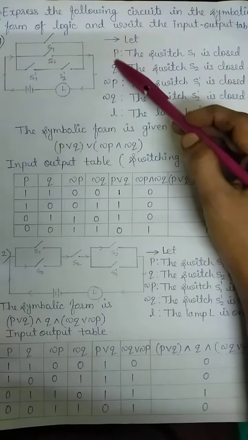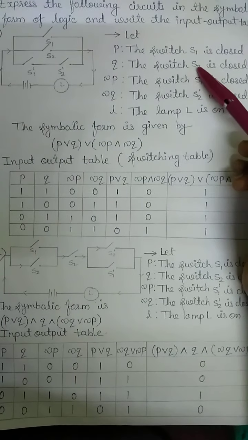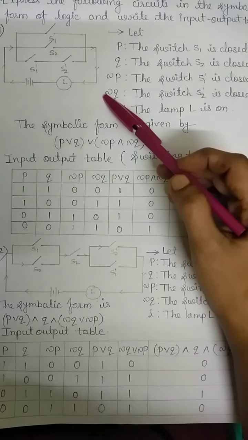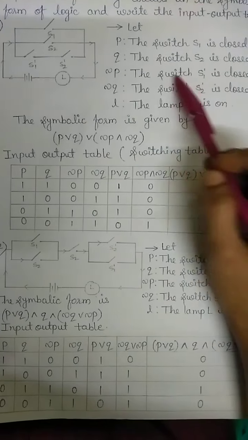So let P be the switch S1 is closed, Q the switch S2 is closed. Then since S1 dash and S2 dash are also present, here we will consider negation of P, the switch S1 dash is closed, negation of Q, the switch S2 dash is closed.